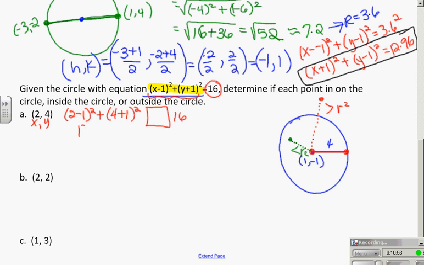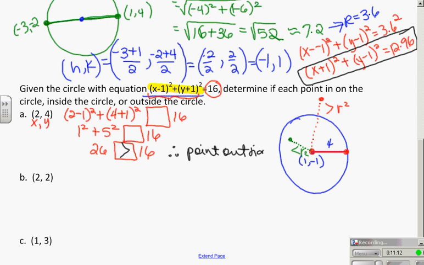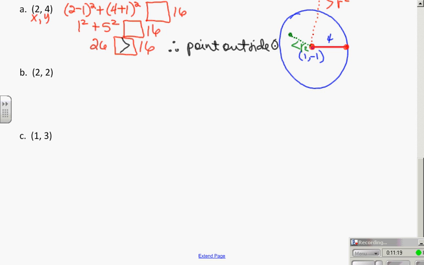So I have 1 squared plus 5 squared. How does that compare to 16? I have 26 compared to 16. And of course, 26 is greater. Therefore, my point is outside my circle.